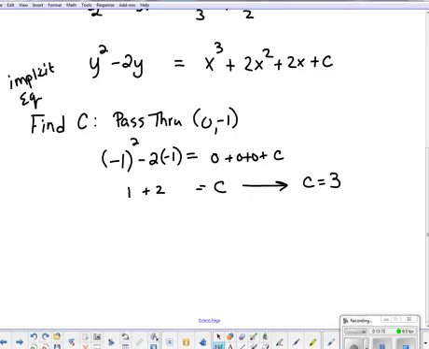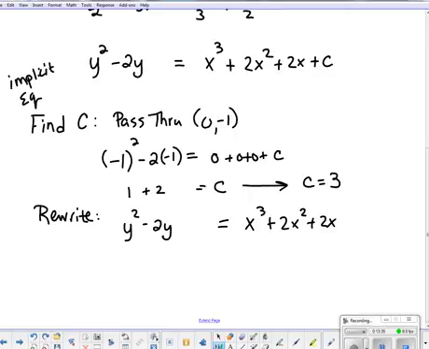So now we come back and let's rewrite our equation including c. So we're at y squared minus 2y equals, I'm going to leave a little space on purpose, you'll see why in a moment, x cubed plus 2x squared plus 2x plus 3.